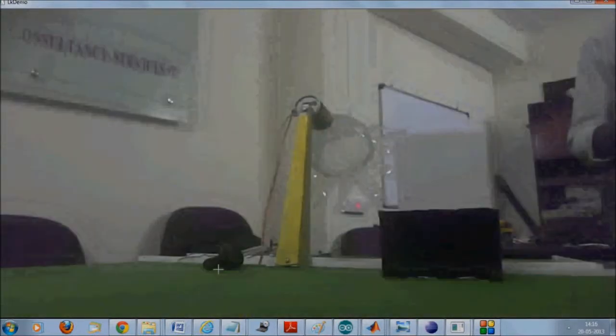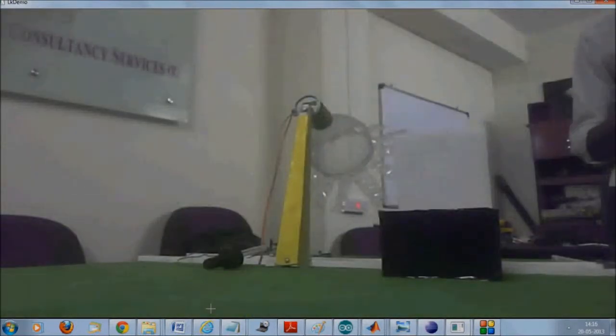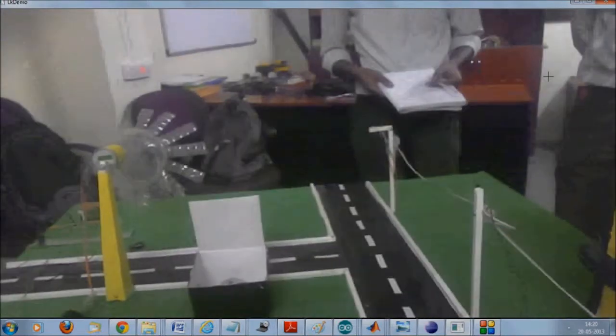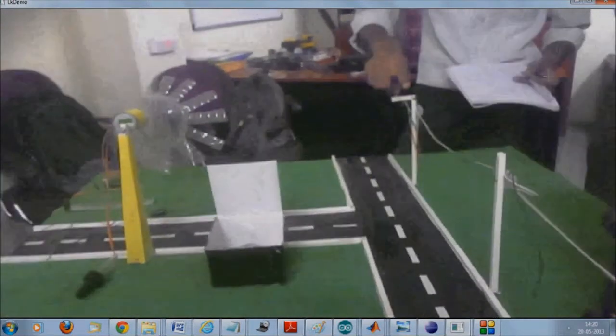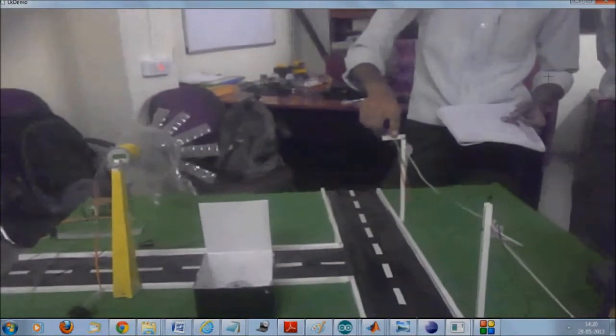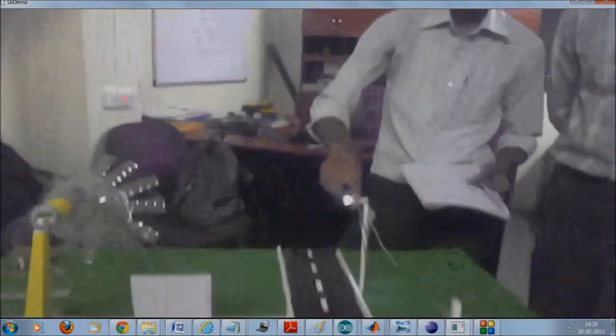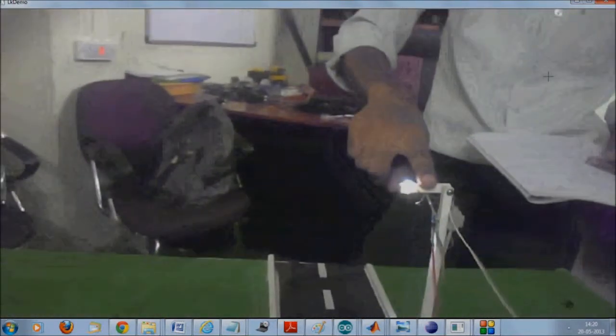So we'll start up our work, which will simulate the light off scenario. You can see the LDR has been guarded, so that should simulate the scenario of bad light. You can see the street light will be glowing.